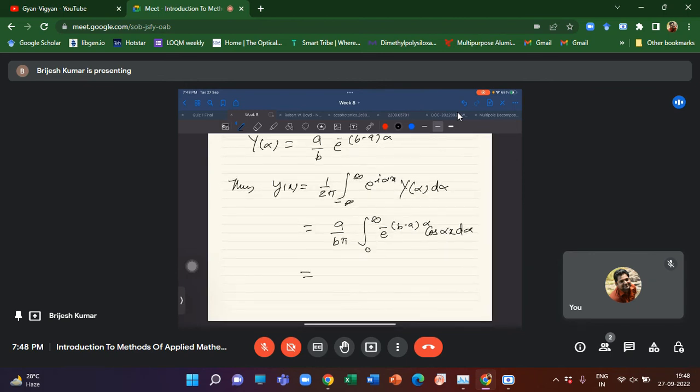So here you will get (b minus a) divided by b pi, upon x square plus (b minus a) whole square.